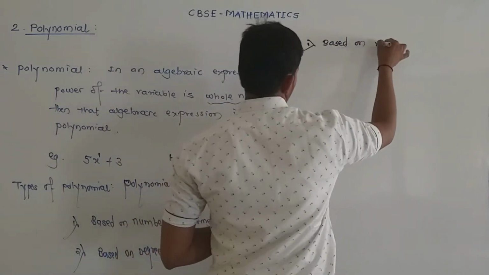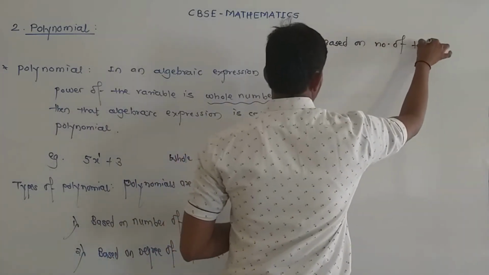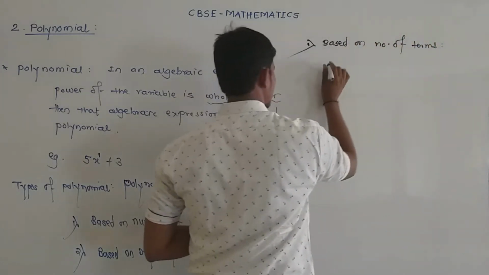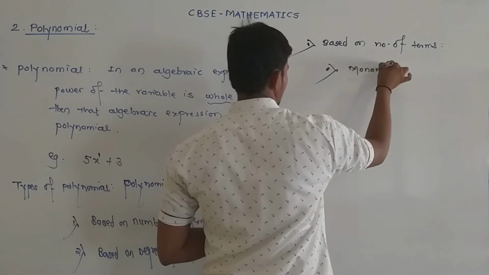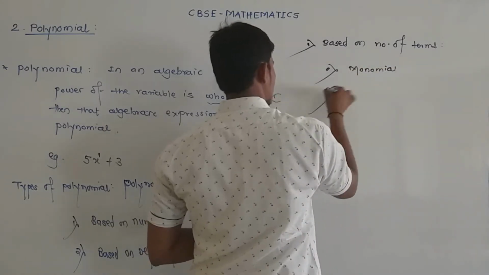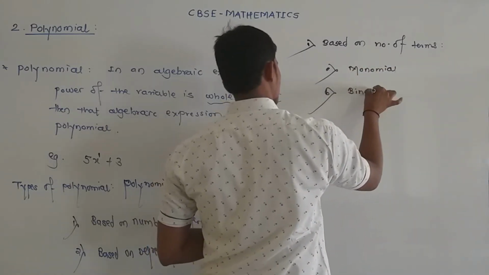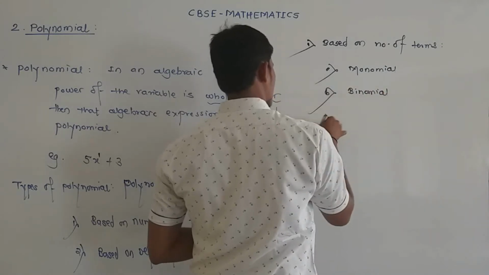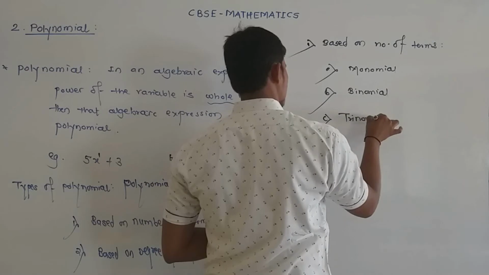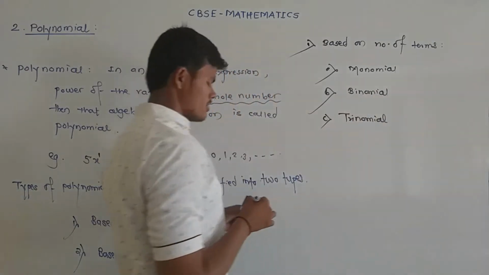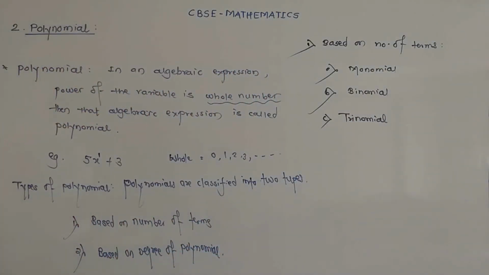First one is monomial, second one is binomial, and third one is trinomial. Okay, so based on number of terms, there are three types: monomial, binomial, and trinomial.